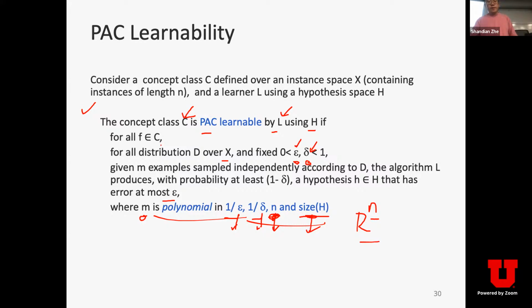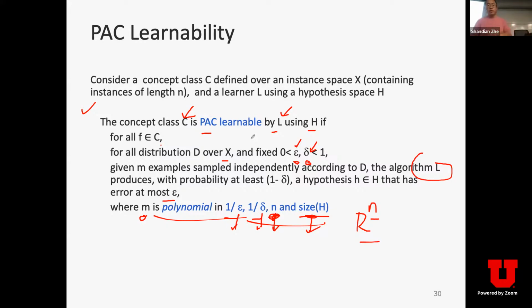To achieve a performance where L has at least 1 minus delta probability to find a hypothesis with error at most epsilon, if the required training examples is just a polynomial in 1 over epsilon, 1 over delta, N, and the size of hypothesis space H, then we say this algorithm can learn this type of target functions in a PAC way, meaning probabilistic approximately correctly.